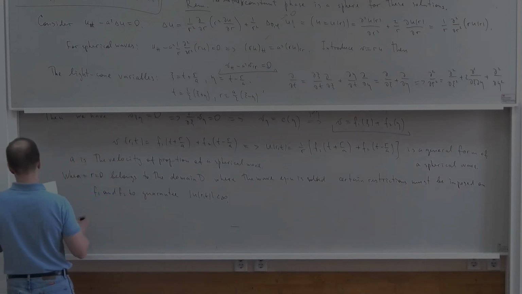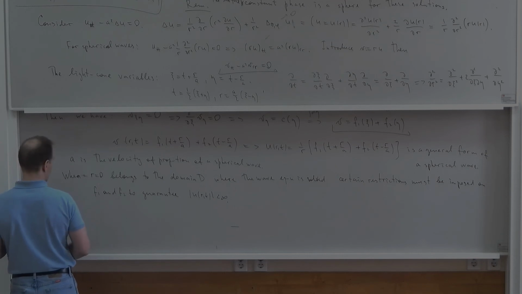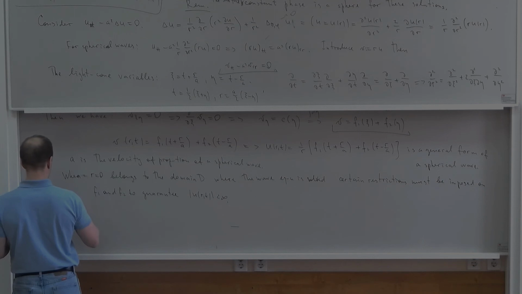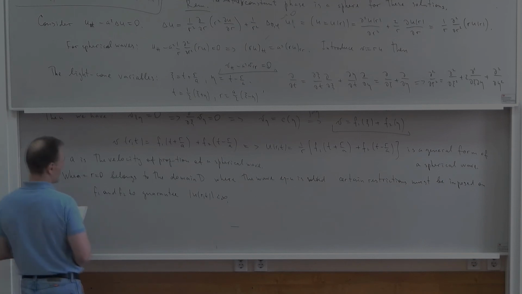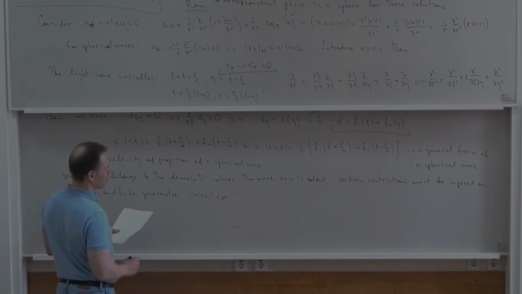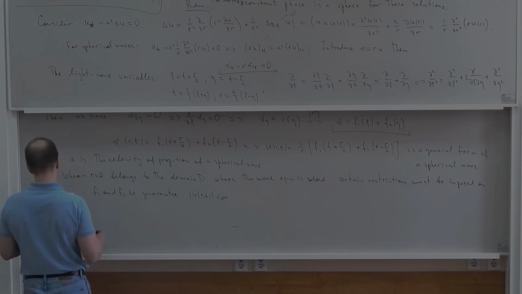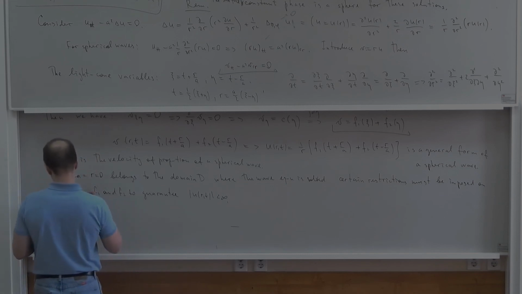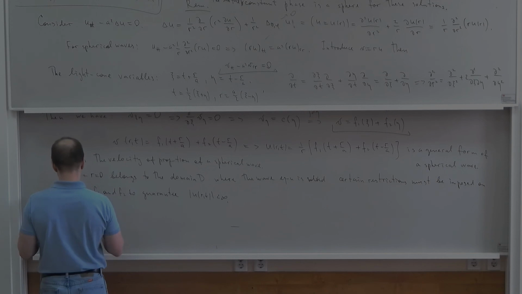Okay, and let us represent the functions f1 and f2 near the origin of the system of coordinates in the form of Taylor series.